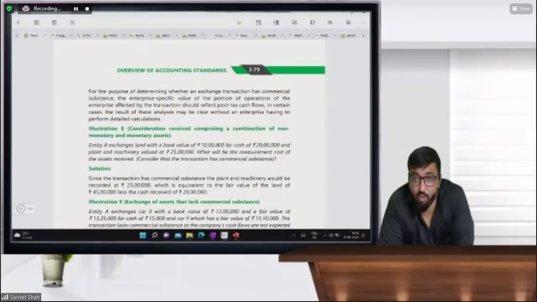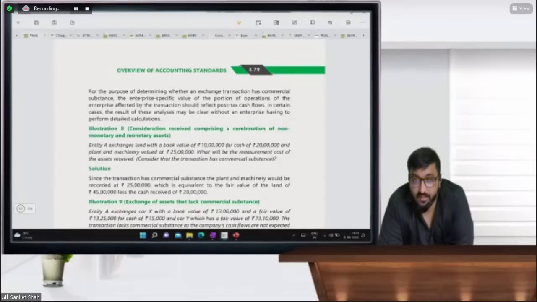Commercial substance means extra benefit I am getting. My client will think, this Sanket sir is a rich man, he has a Seltos, and they will increase my audit fees also. Our auditors come in four-wheelers; how would it look if an auditor went on a two-wheeler? So I exchanged the asset with my father-in-law's four-wheeler, so there is a commercial substance. I always give you examples related to my father-in-law or my wife only to help understand concepts.